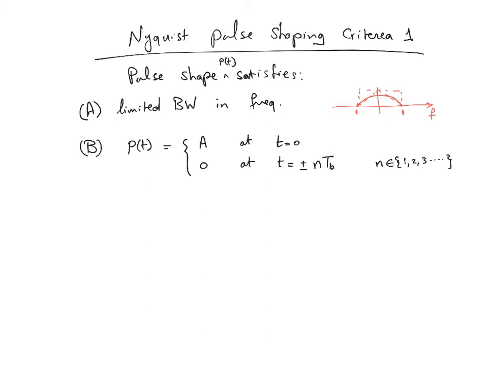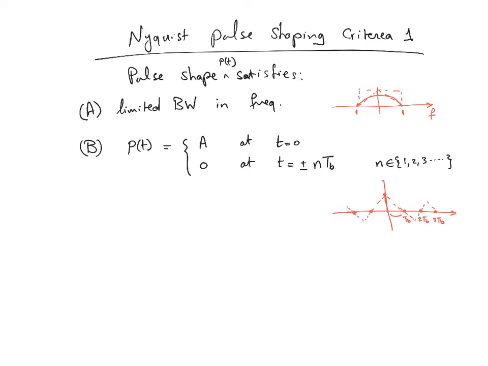And then the second condition says that your pulse at the center point should have some value, and at all other repetitions of TB, right, it should have a 0 value. So 0, 0, 0 here, a 1 here. So for example, something that looks like this will satisfy it.